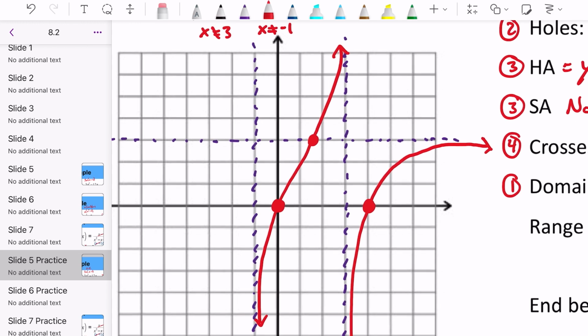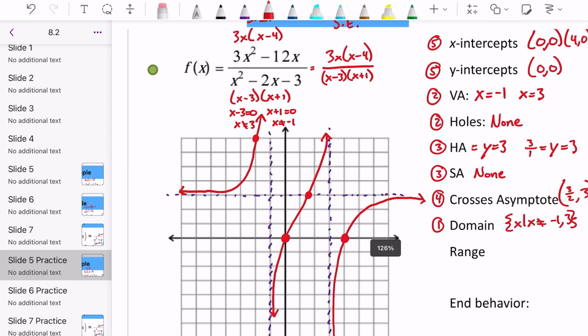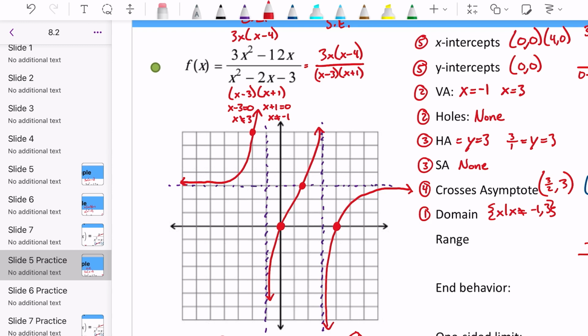So here, 1, 2, 3, 4, 5, 6, 7. Now we do see that our point in this case will be above our 3. So we know that it will come through, down, and close to the asymptote.